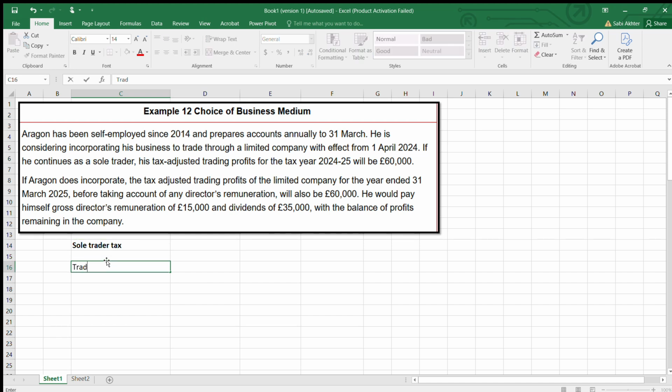We have been given one type of income only in this, that is your trading profits. So trading profit is 60,000. From here we are going to deduct the personal allowance. Since trading profit is less than 100,000, there is the full personal allowance. Now I'm going to do the sum function.